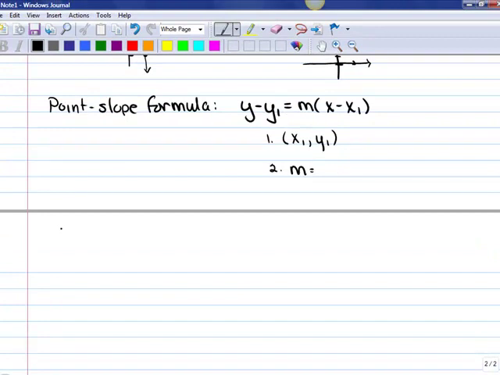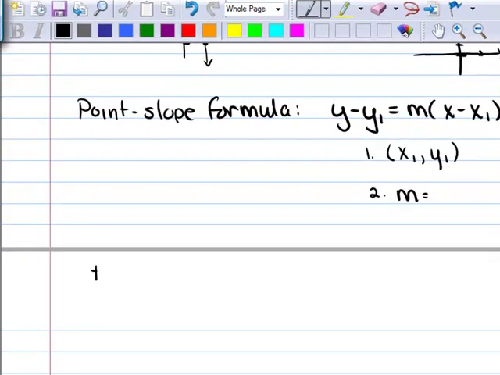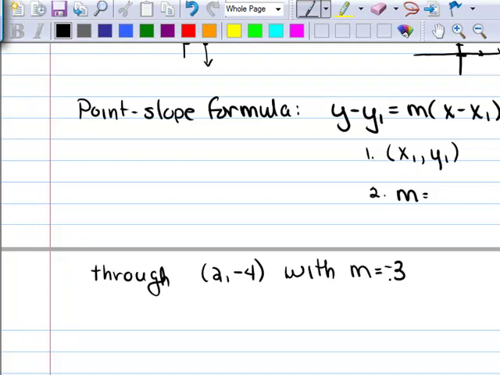Now with this type of problem, you can either be told the slope directly. For example, write the equation of the line through the point, let's pick 2, -4, with slope equal to -3. Now on this one you're specifically told the slope, so you can go right into the equation.